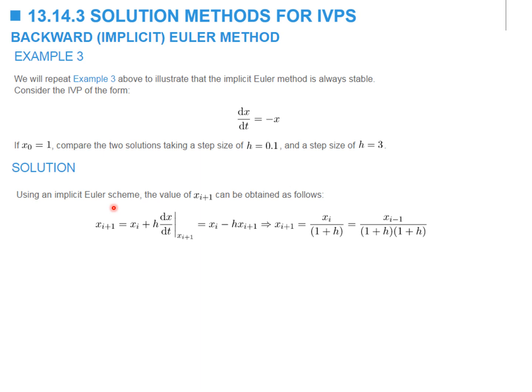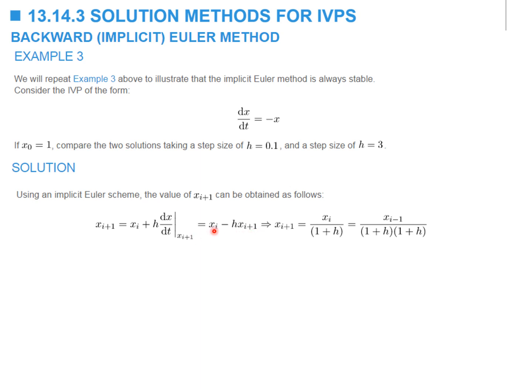The implicit Euler scheme: x sub i plus 1 is equal to xi plus h multiplied by the rate. But which rate? Don't forget, this is the implicit Euler scheme, evaluated at x sub i plus 1. Alright, dx by dt is given as equal to -x, so I'm going to substitute -x at sub i plus 1.